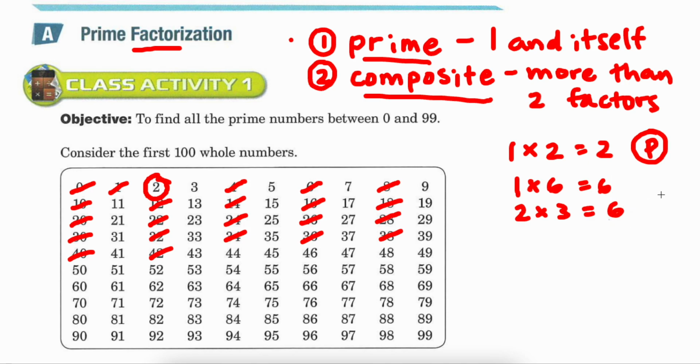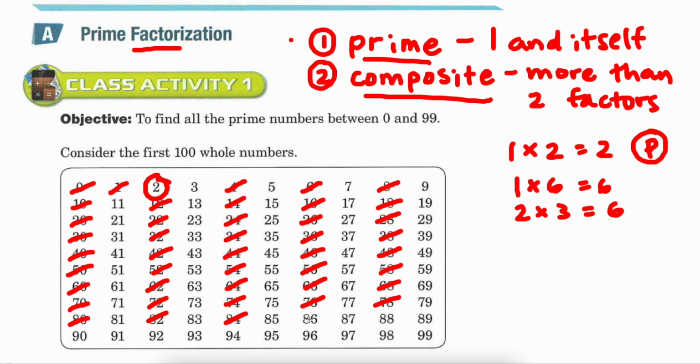It has way more factors than just 1 and itself. So all of these multiples of 2 are going to have way more factors than just 1 and itself, first of all because they're getting bigger and bigger, so they're going to have more and more factors that make it up. So all these are composite numbers.